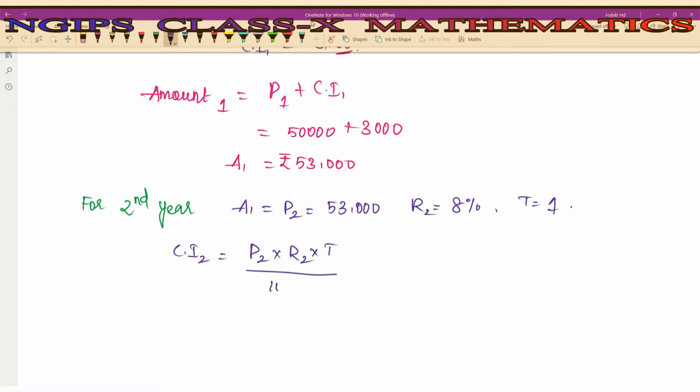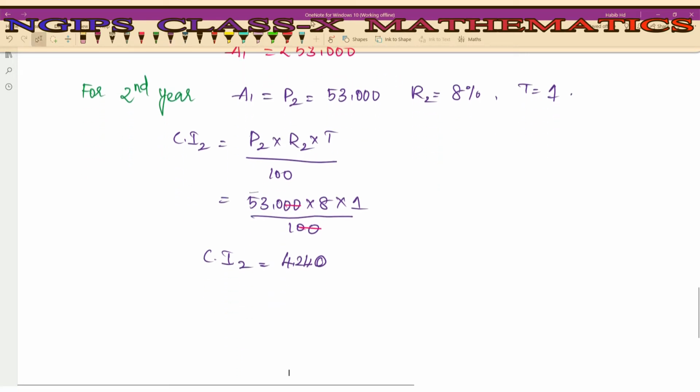So the principal 53,000 into rate 8 into time period 1, divided by 100. Now 2 zeros and 2 zeros get cancelled. So the compound interest for the second year is 8 into 0 is 0, 8 3s are 24, 4 and 2 remainder, 8 5s are 40 plus 2 is 42. So we got 4,240 rupees. So this is the compound interest for the second year.